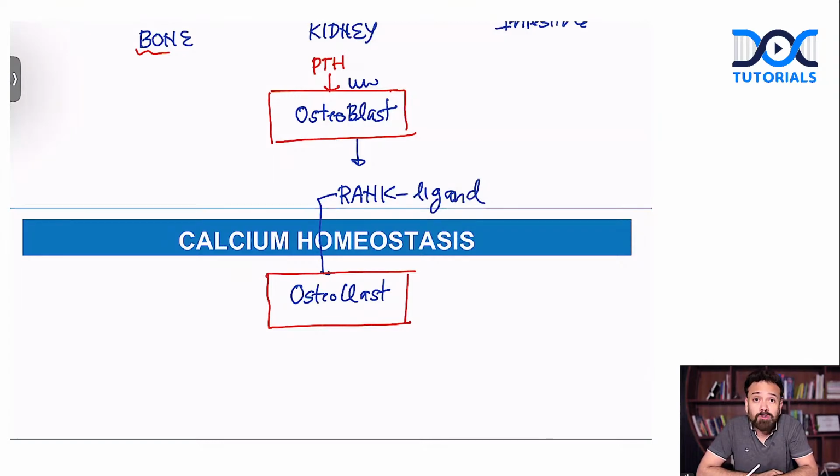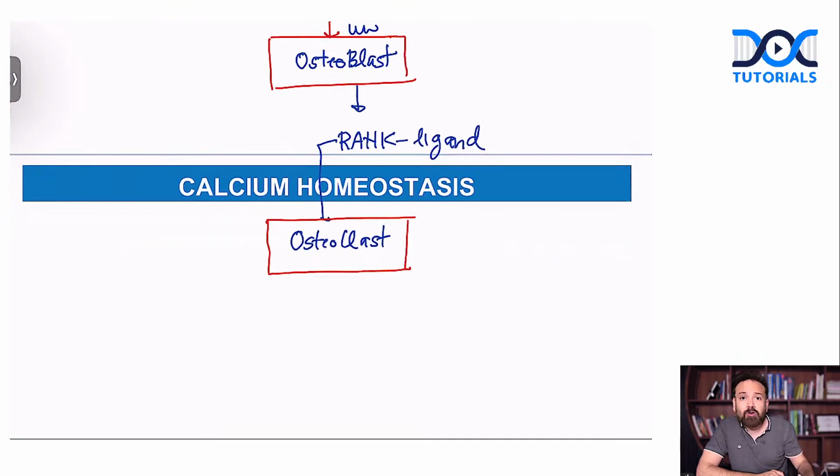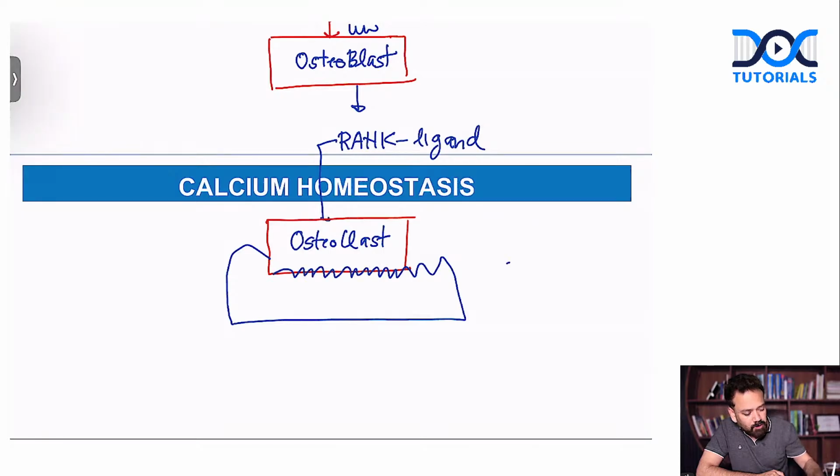So parathormone's receptor is present on osteoblast, not on osteoclast. From there, it will generate RANK ligand. RANK ligand will act on osteoclast, and osteoclast will dissolve the bone to increase calcium in the blood.